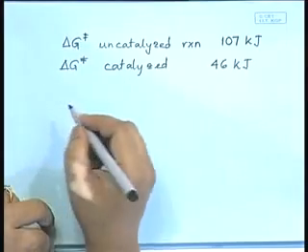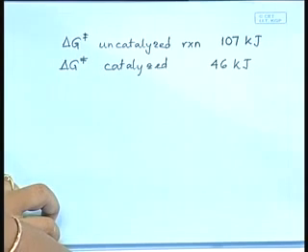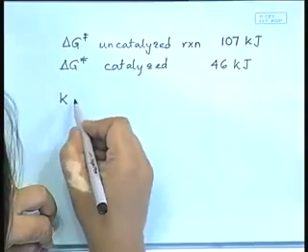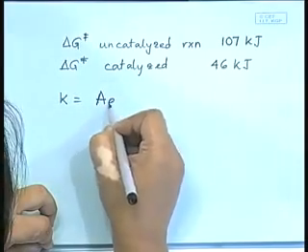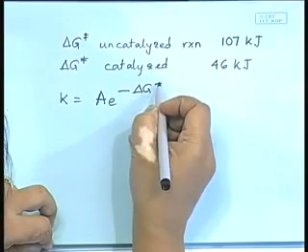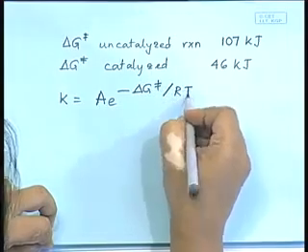So, if I want to find out how the rates have changed, which expression do I use? I use the Arrhenius expression. What is the Arrhenius expression? k equals A e to the power of minus EA by RT.